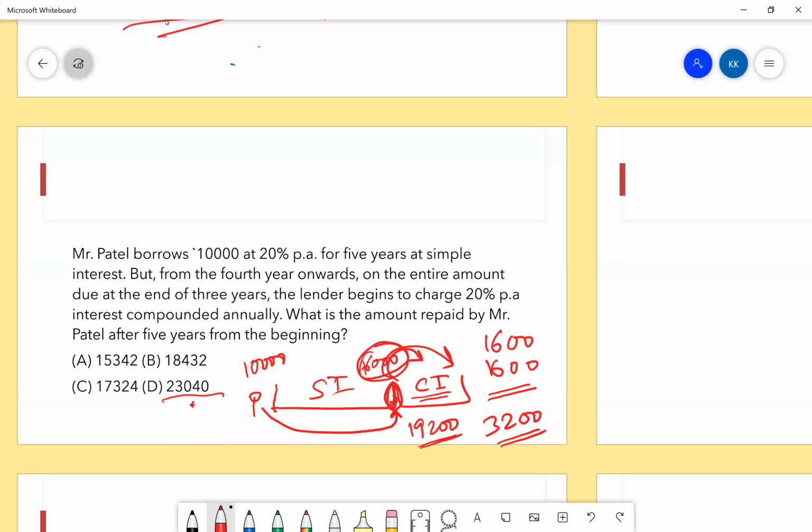Yeah, sorry, there was a power cut. Okay. Yeah, so actually in these kind of questions, I got confused. Like if he has taken 10,000 rupees for 5 years on a simple interest of 20% per annum, then I start thinking that maybe after 1 year he'll be returning some amounts. So that would eventually reduce the principal.